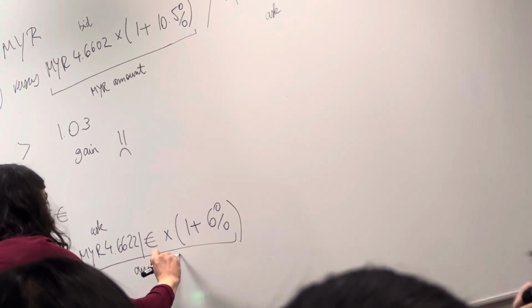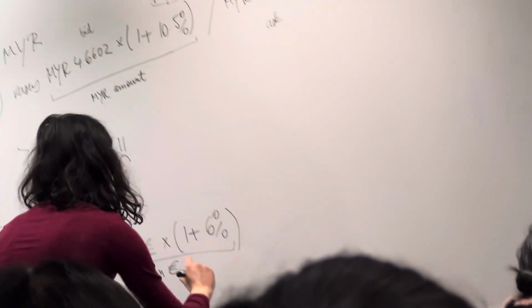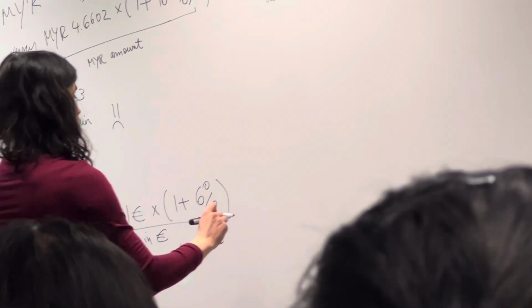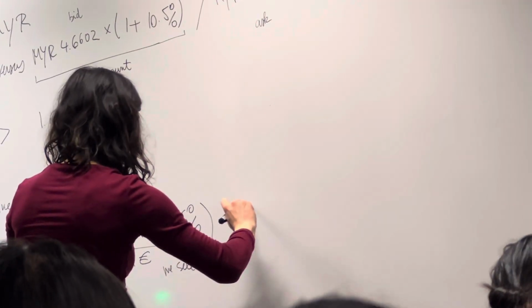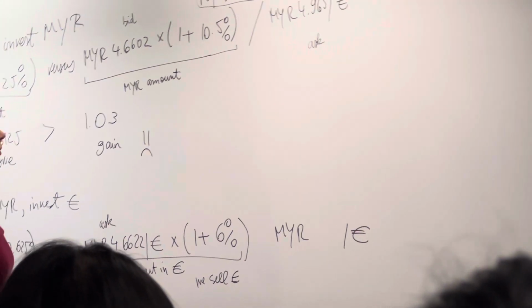Okay, so what is this amount? What currency? Yes, euro. So now we transform the euros. So we sell the euros. So therefore the bank buys.